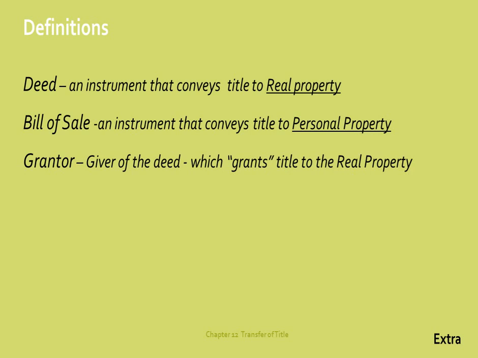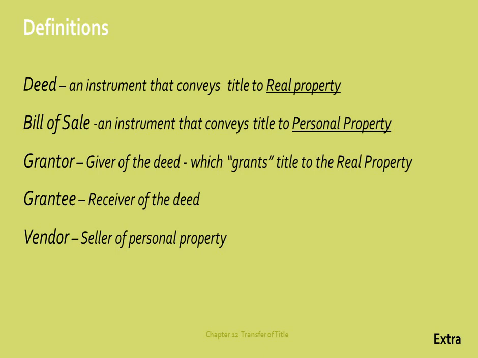A grantor is the name we give to the person that's selling real property, granting real estate, and the grantee is the person who receives the deed. If you will, the grantor is the seller, the grantee is the buyer. Under the bill of sale, we call the seller a vendor, and we call the buyer a vendee.